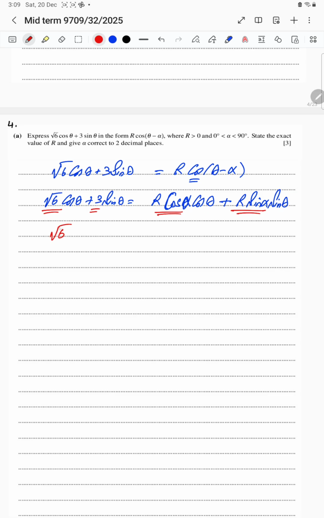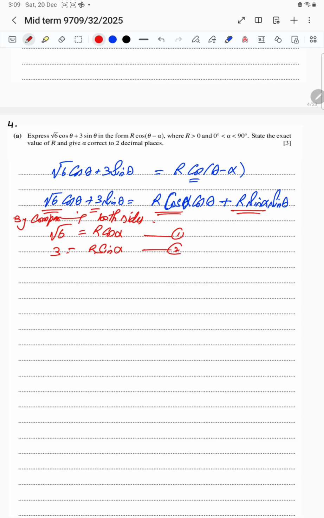So by comparing both sides, I can write root 6 is equal to r cos alpha, and 3 is equal to r sin alpha. This is equation 1, this is equation number 2.